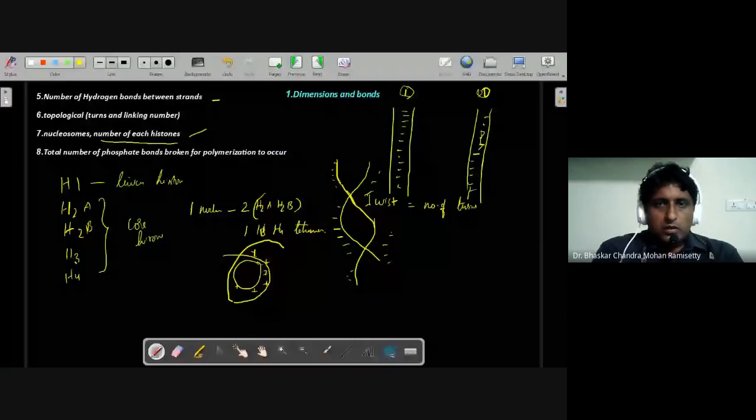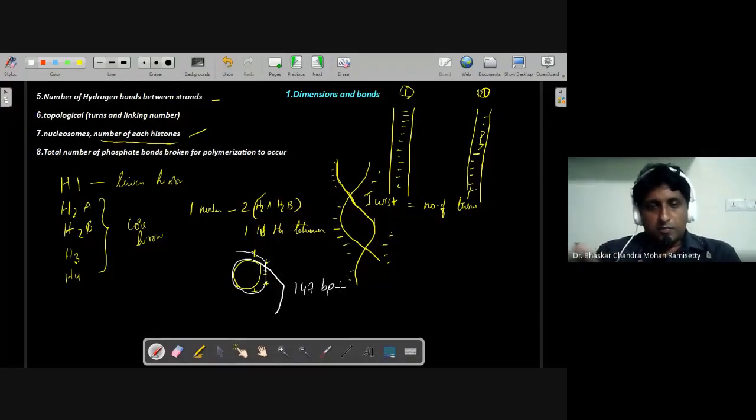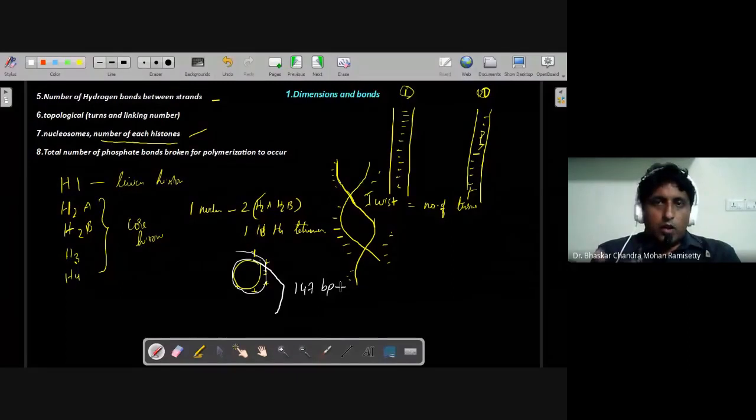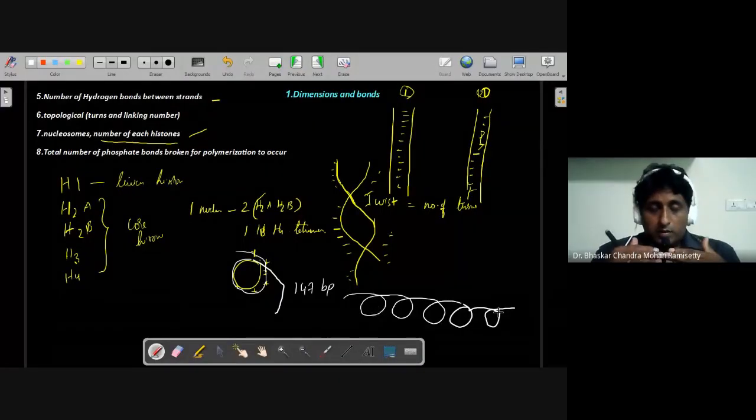So assume that this is the DNA molecule wound around a nucleosome, it takes approximately 147 base pairs in humans. In yeast and others, there are variations to it. Assuming that this is human DNA, how many nucleosomes would be required to bind the whole sequence that is given to you? If you want to make all the nucleosomes bound like this, then how many?